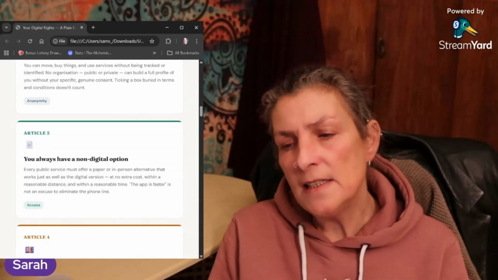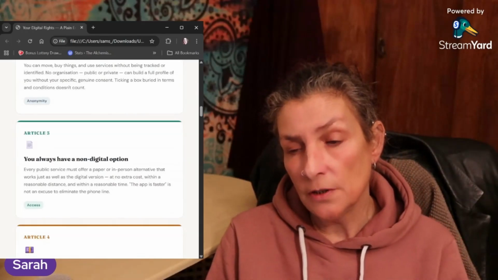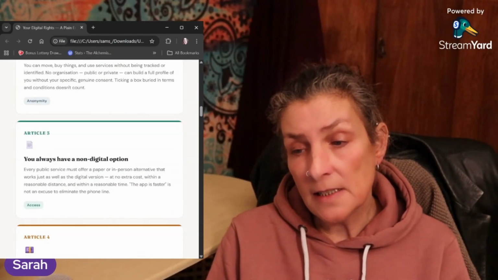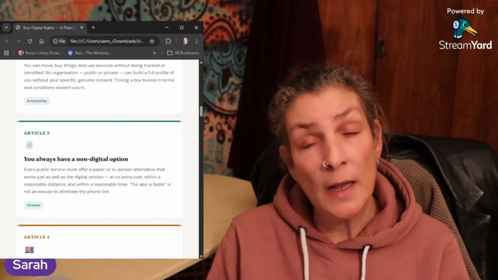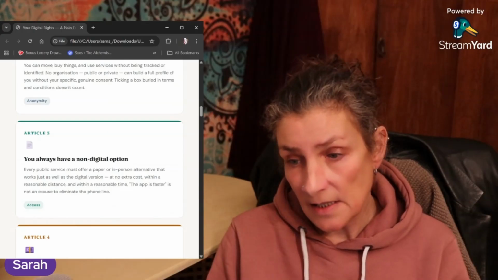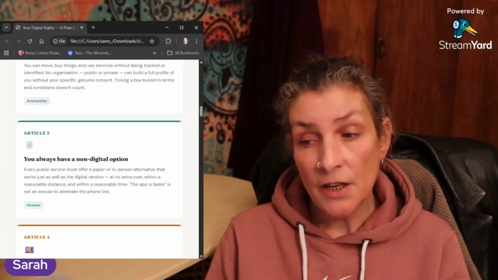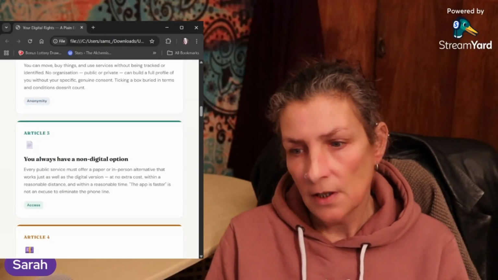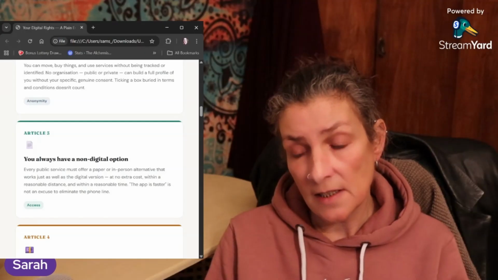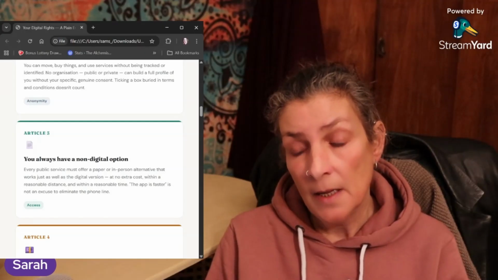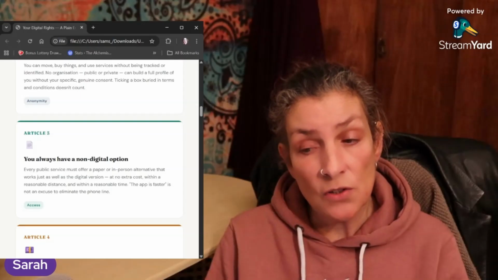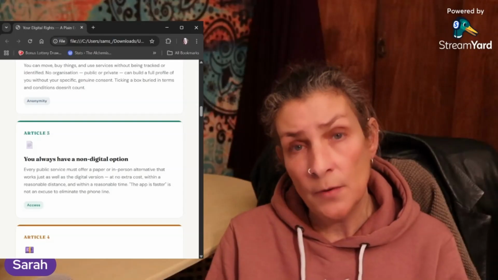Article 3. You always have a non-digital option. Every public service must offer a paper or in-person alternative that works just as well as the digital version at no extra cost, within a reasonable distance and within a reasonable time. "The app is faster" is not an excuse to eliminate the phone line.